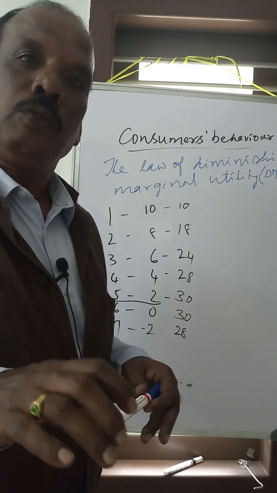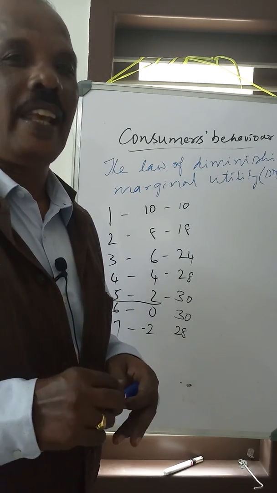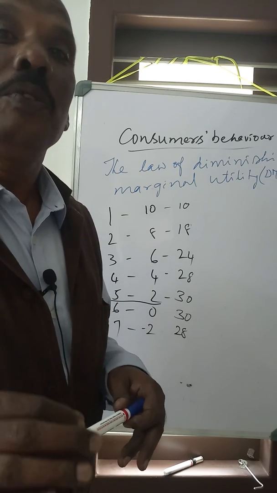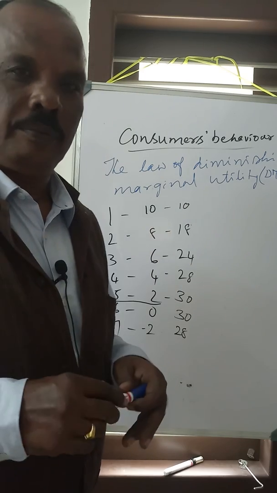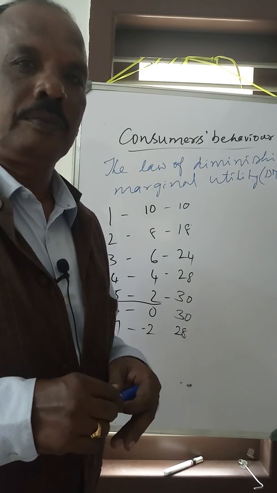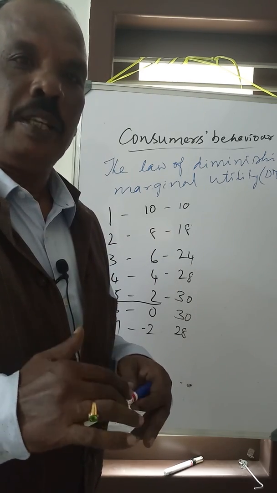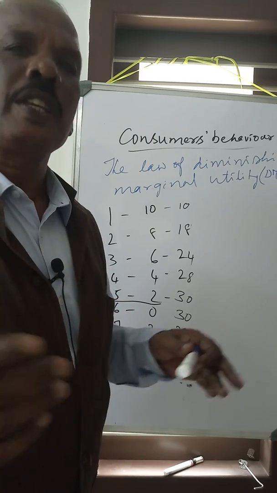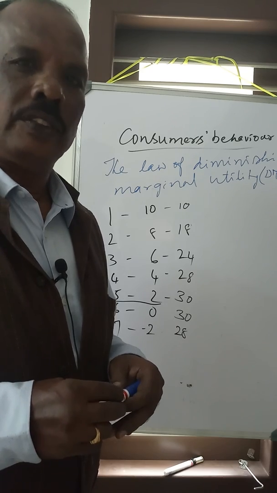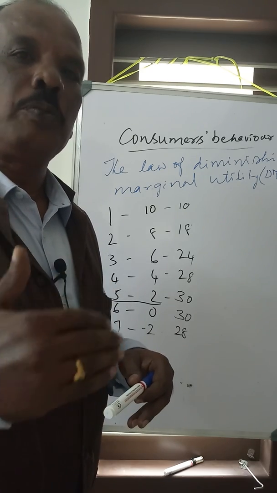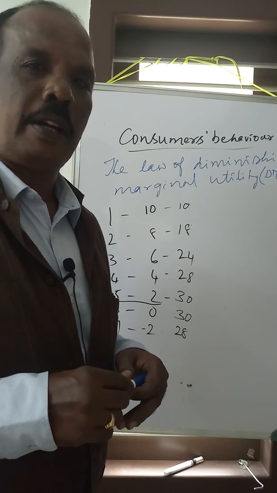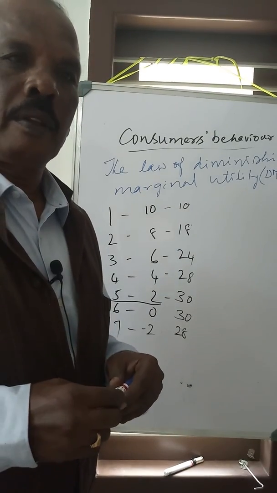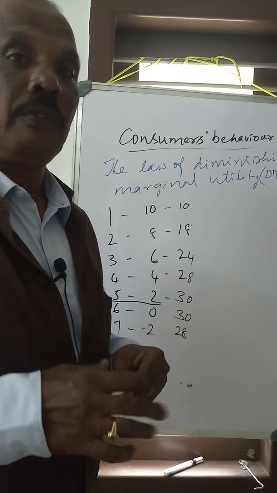Whereas a person who earns just 200 rupees a day is unable to give even 5 rupees as tips. So it is a common observation that as he goes on consuming more and more units of a commodity, the marginal utility diminishes.